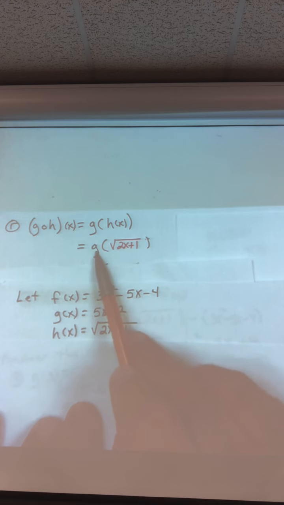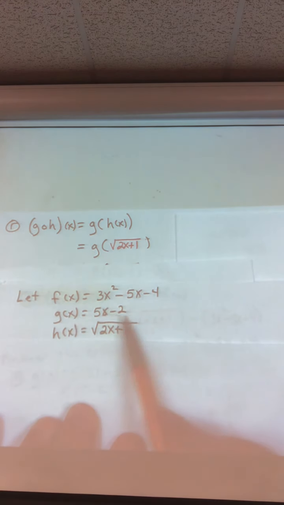Go to the G function, which is right here, and in place of x, put what's in red. So it's going to be 5 times what's in red minus 2. And you cannot multiply that under there because you can't distribute that number up under that square root. That is your answer.